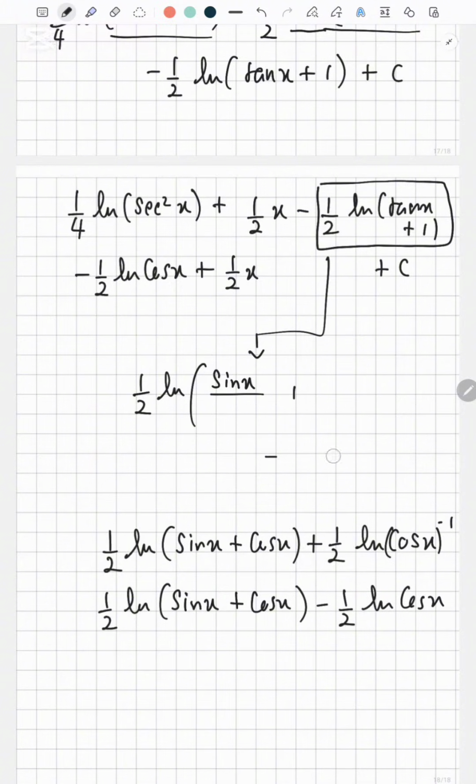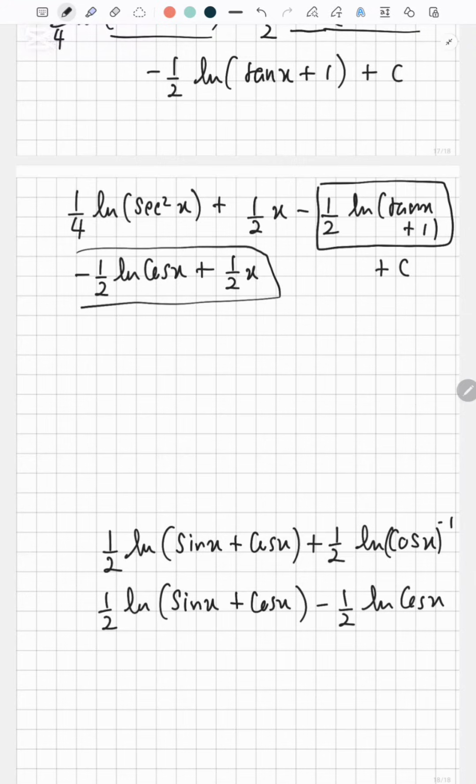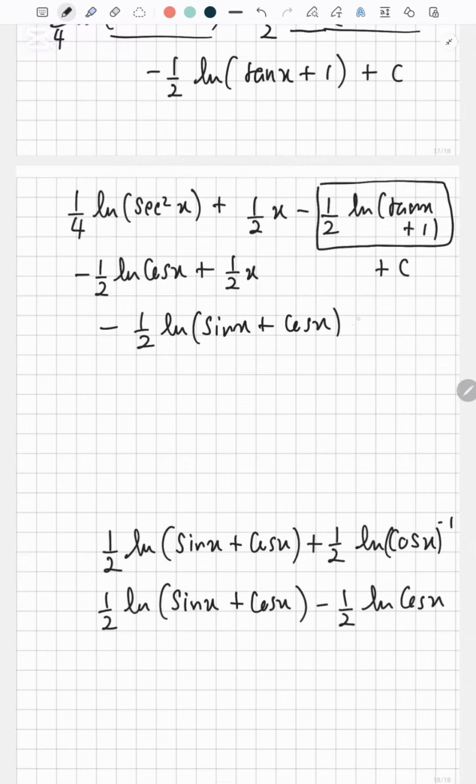So then I'm just going to erase everything. So you add that with this section. So don't forget your minus half ln of sin x plus cos x, plus minus into minus, which is plus half ln cos x, right?